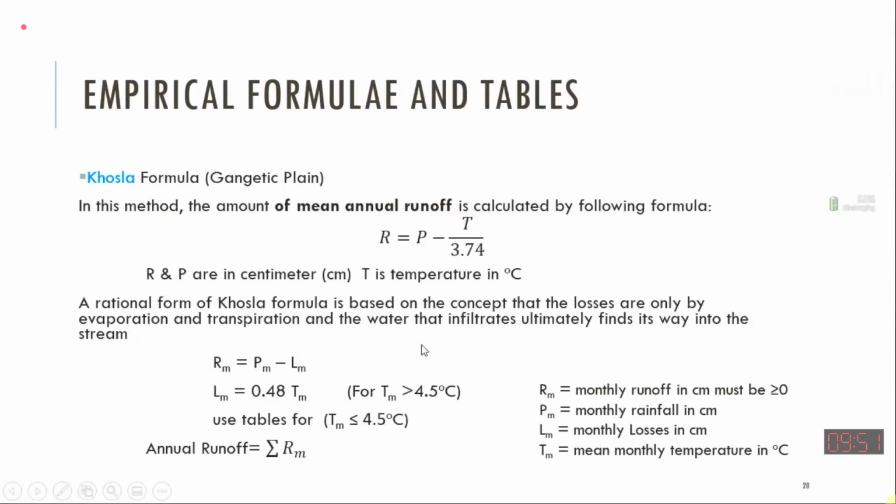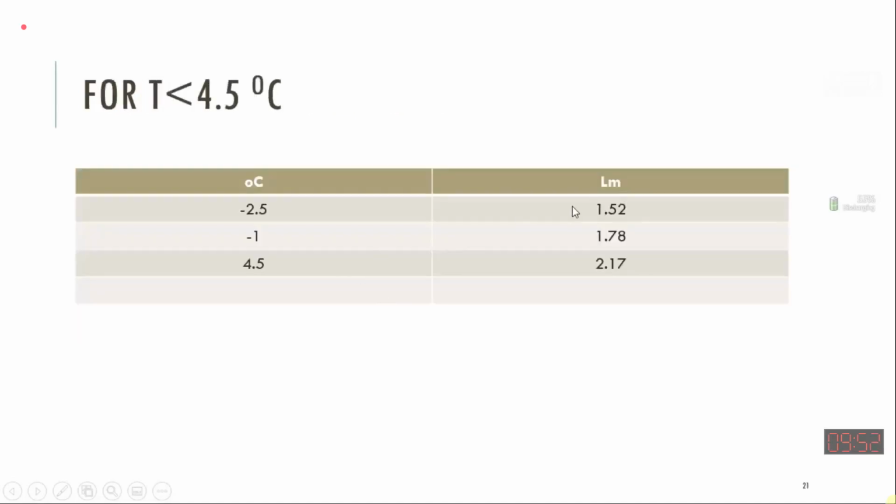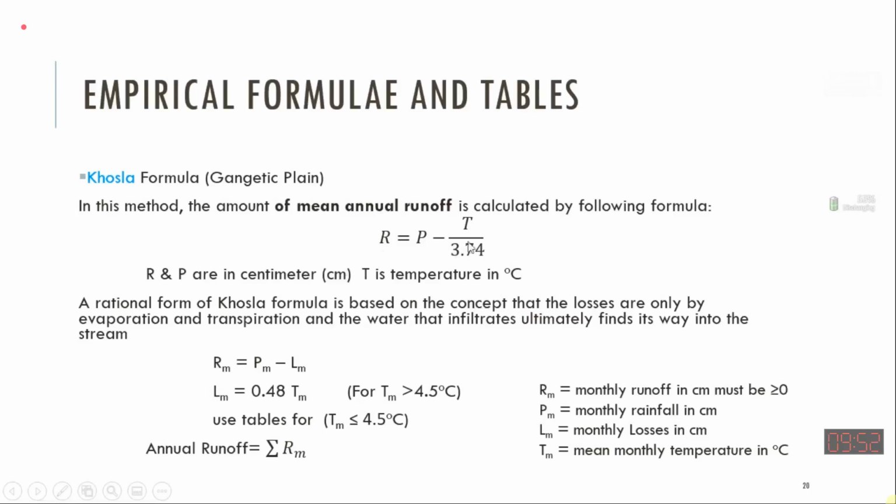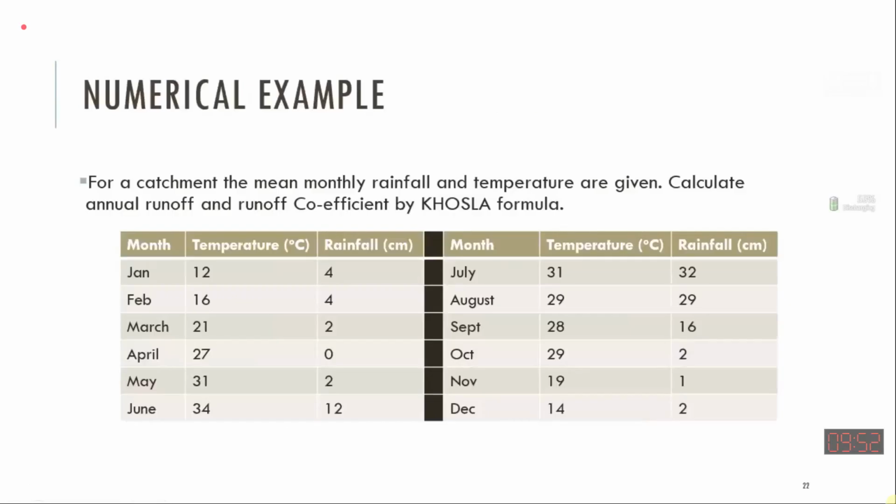He further improved it by saying that runoff is equal to precipitation minus losses, and losses can be estimated from the temperature of that place, 0.48 times Tm, if the temperature is more than 4.5 degrees centigrade in that area. If it is less than 4.5 degrees, then use the table given in the next slide, where Lm is given directly rather than being computed from T. So we can use either of these two formulas given by Khosla and estimate the runoff.